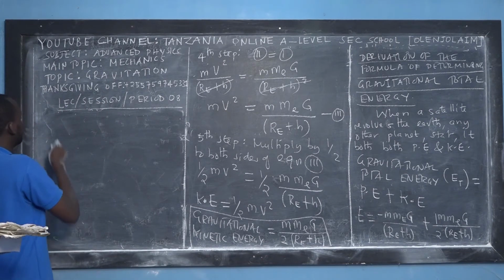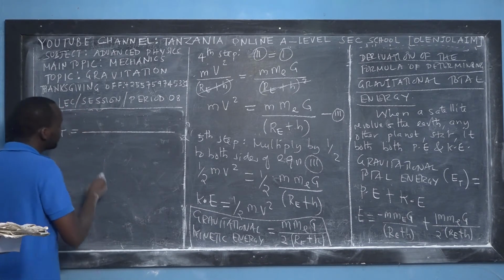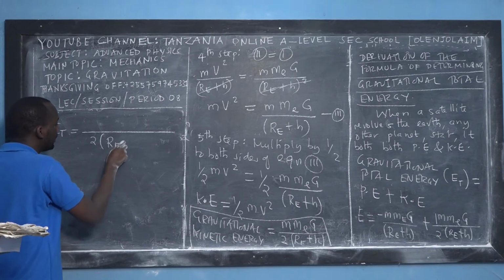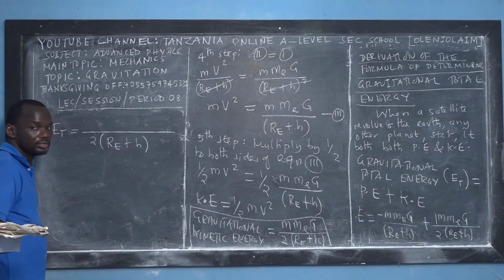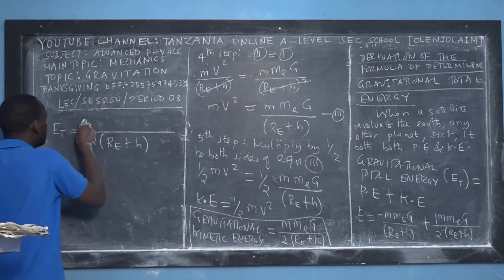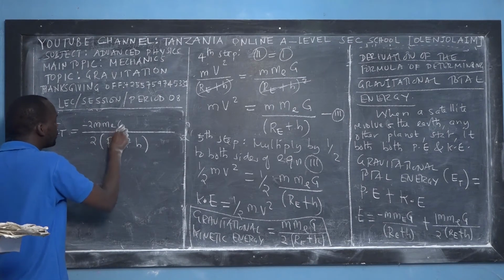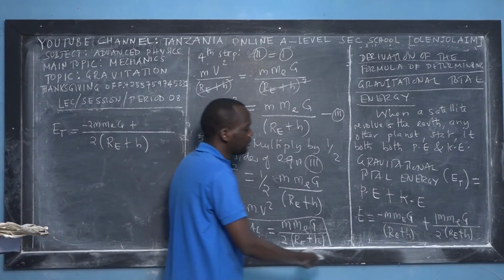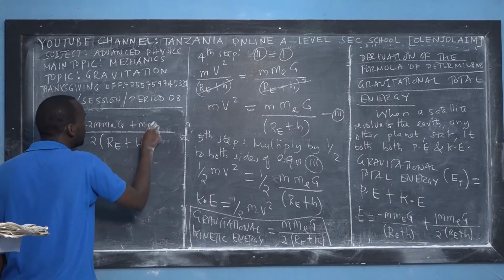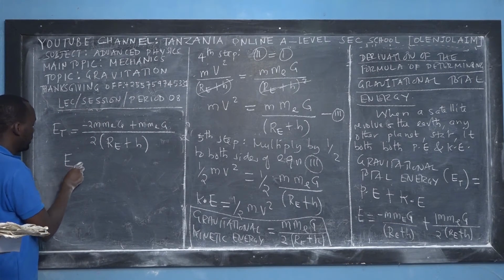So if you find the total energy, if you find the LCM, it will be twice the radius of the Earth plus the height h. Take this LCM divided by this, you get -2 times mass of the Earth, mass of the satellite, gravitational constant, plus take this LCM divided by this one, so plus mass of the satellite, mass of the Earth, times gravitational constant.